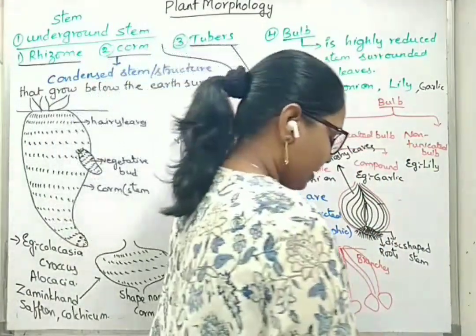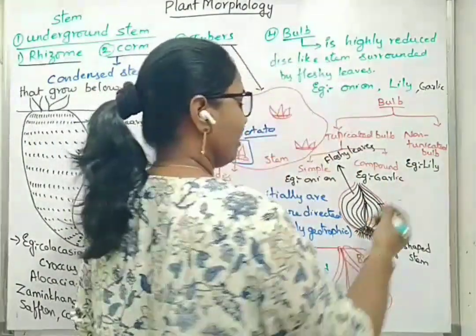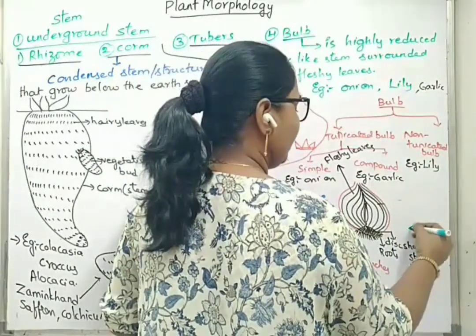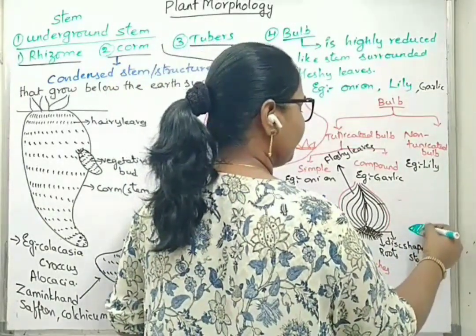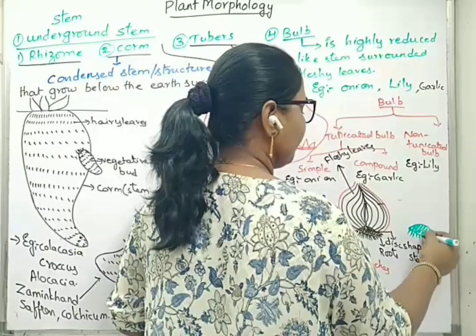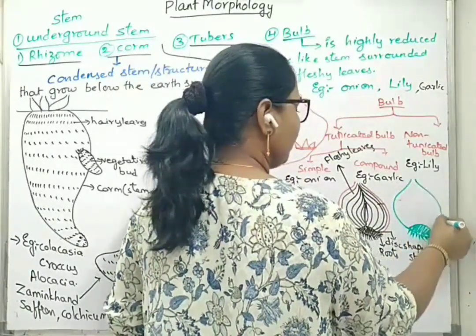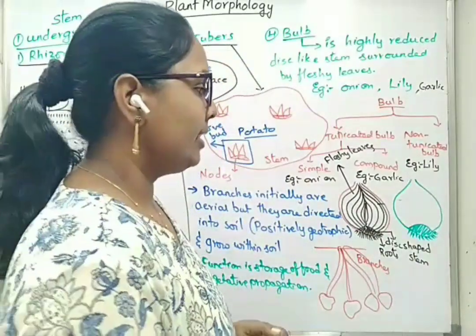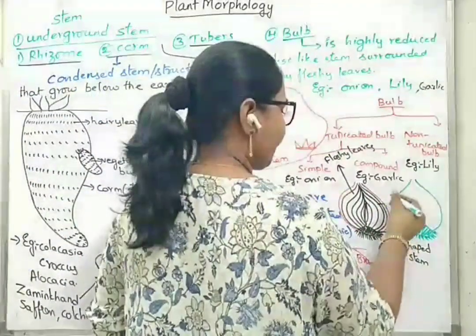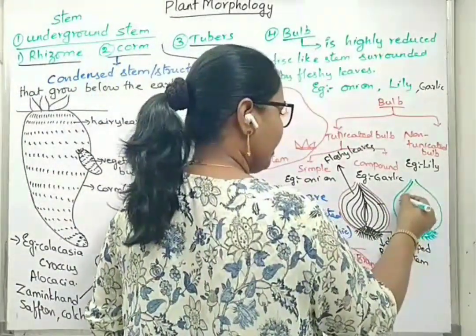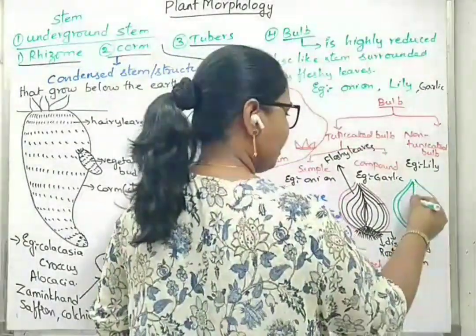Coming to garlic. Here also we see a disc-shaped stem, many roots. But the inner fleshy leaves are many in number.